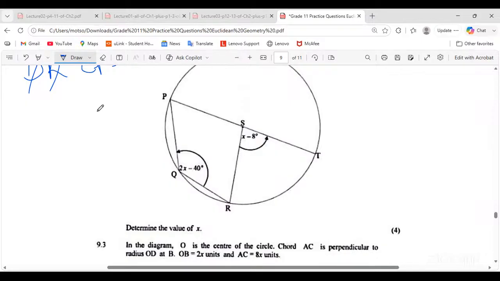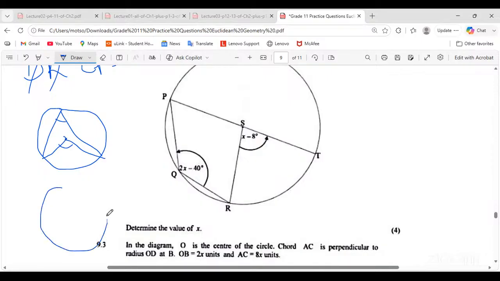So now you will say x minus 8, which is this one here at the center. Let us do this actually. This is my center. Angle at the center is 2 times angle at the circumference.